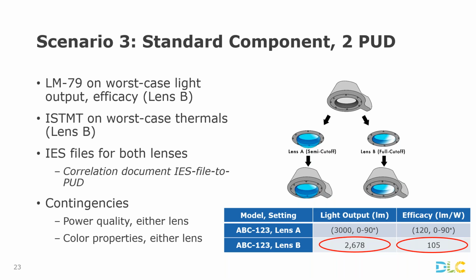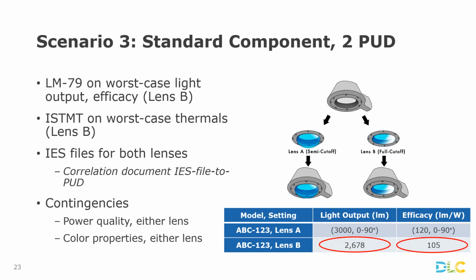With the two different primary use designations that the product is intending to qualify under, we anticipate a requirement that IES files for both of those settings would need to be provided. And as noted before, a correlation document between the IES file and which primary use designation that IES file is intended to correlate to. The same contingencies apply to this scenario as with the integral product.